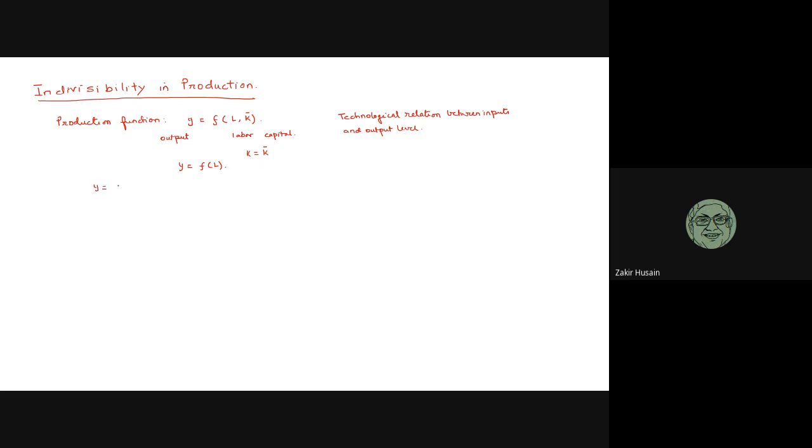Let us assume this is the specific form of the production function. Okay, so we can plot this like this.